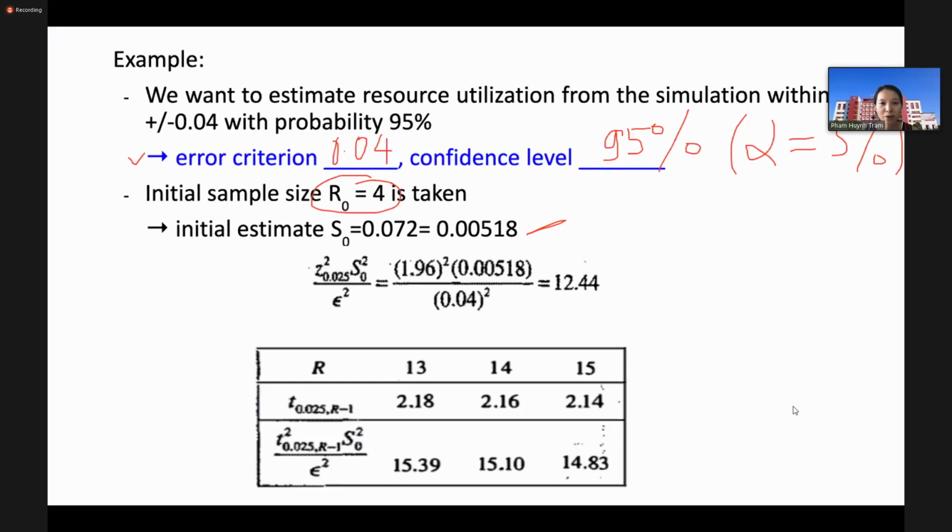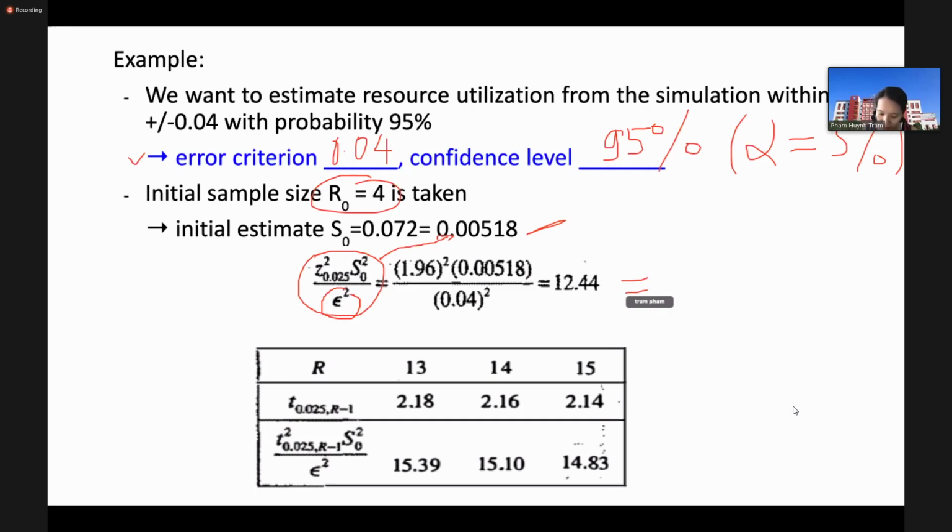Then we calculate the number of replications again using this equation, with the Z value of the standard normal distribution instead of the T. We use the variance from the 4 replications, and this is our expected error.